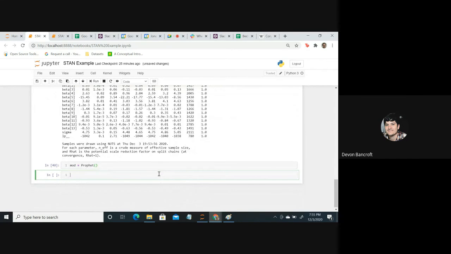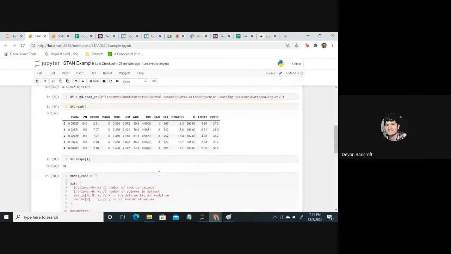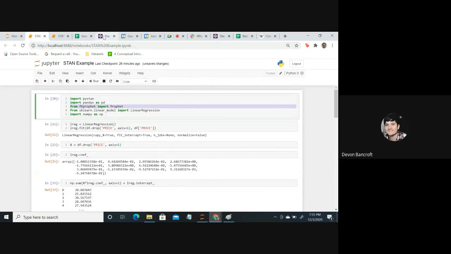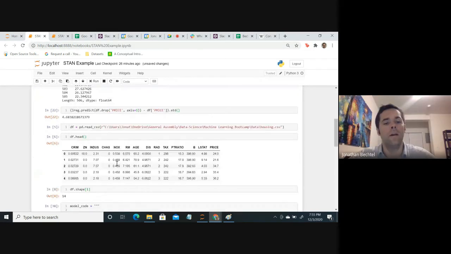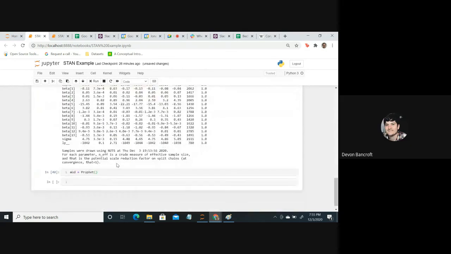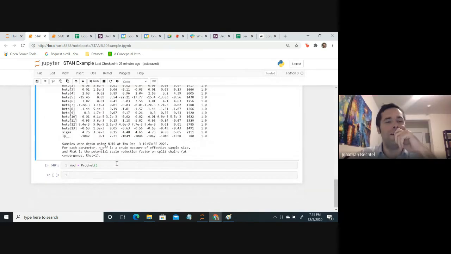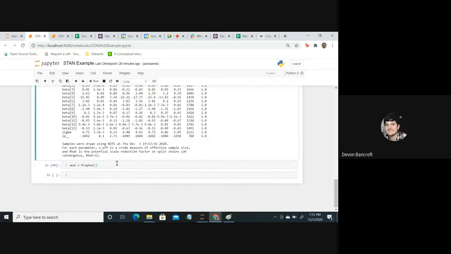For importing, is it just import FB profit? Yeah, right over here. Like that, and go ahead and initialize it. Oh, shoot. I think because I set up a new environment, it's not there.